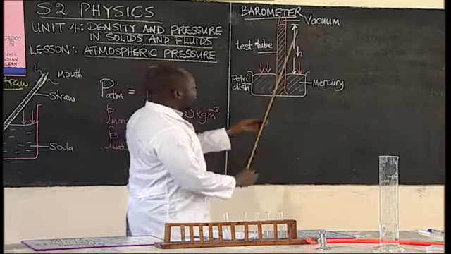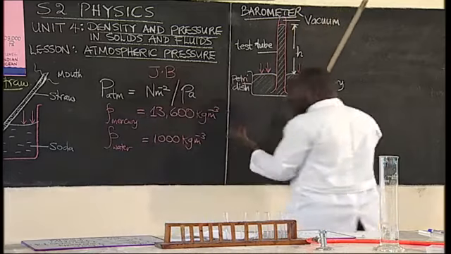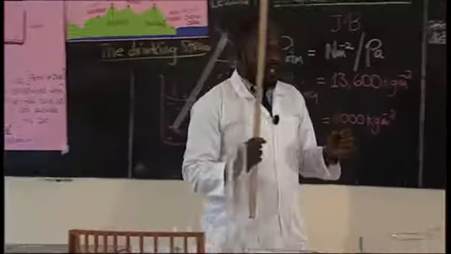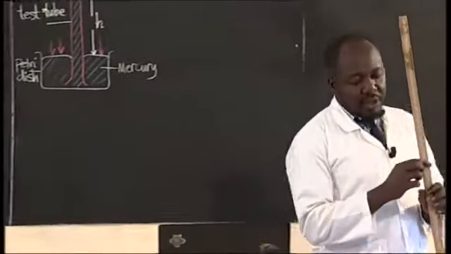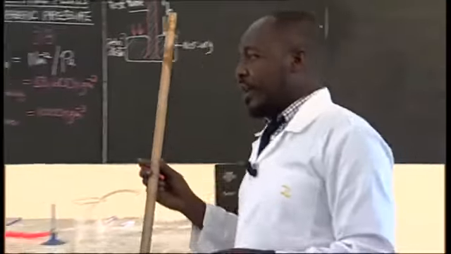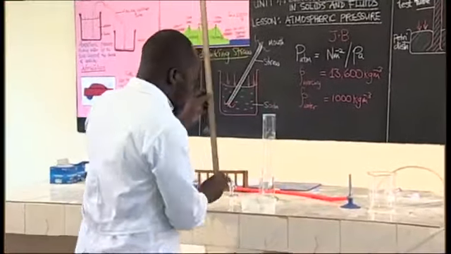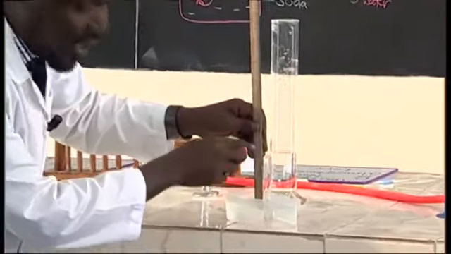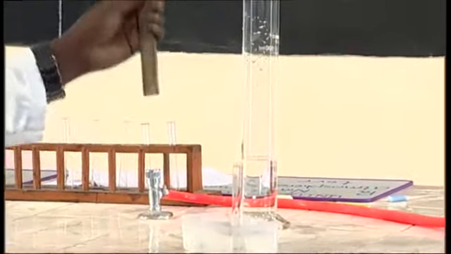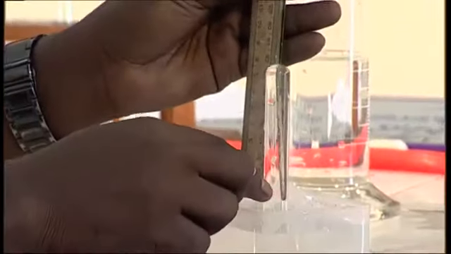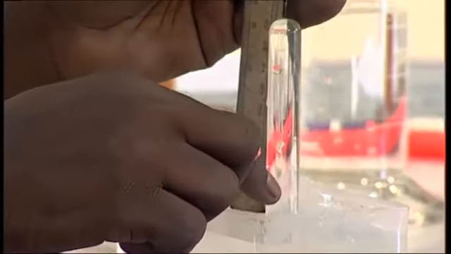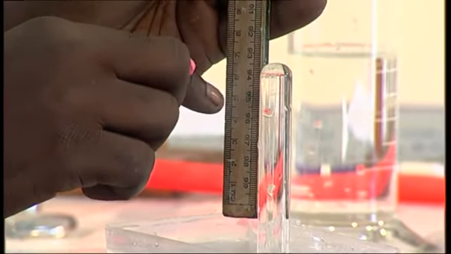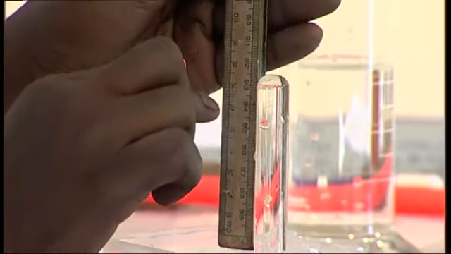And if you measure using a meter rule, as you're doing your experiment, the distance from the level of the liquid in the dish up to where the liquid is in the test tube, I mean, the distance from the level of liquid up to where the vacuum starts. Unfortunately, this one doesn't have a vacuum, of course. So that would become the height.